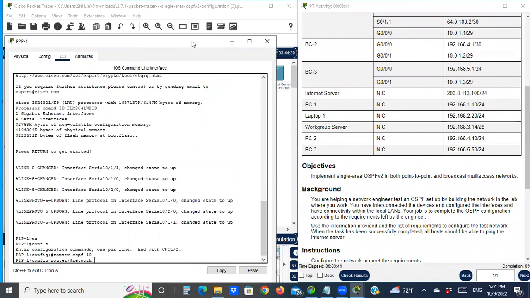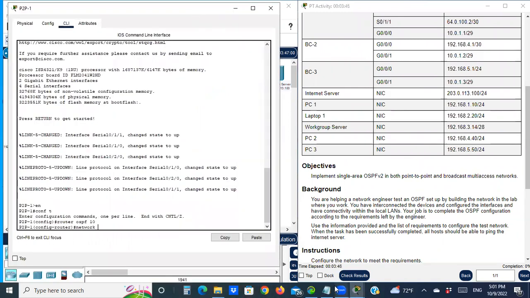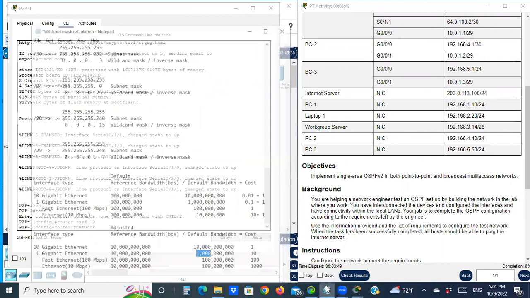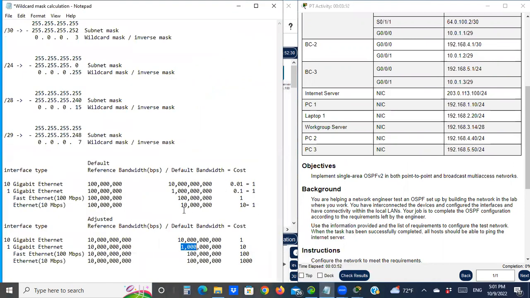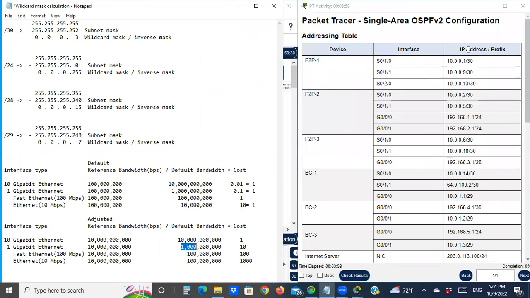Let's do some calculation before we continue. We have to figure out the inverse mask. The inverse mask is also called the wildcard mask. P2P1, 3 networks. These 3 networks, and the subnet mask here is a /30. The subnet mask is 255.255.255.252.